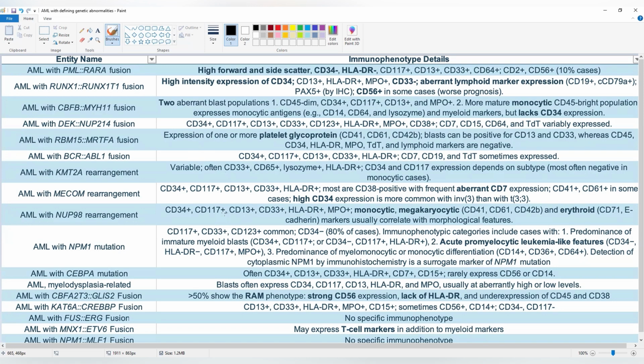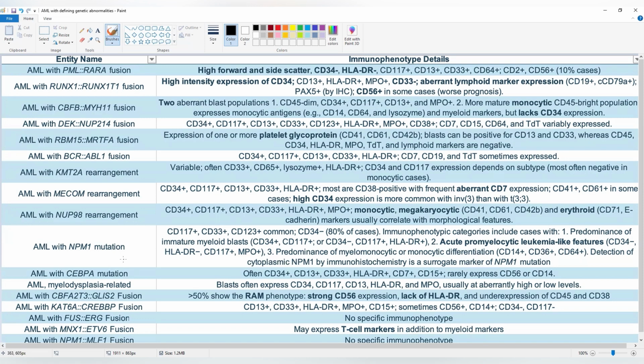However, they can have monocytic presentation, in which case they can express monocytic markers like CD14, CD64, CD11c, and lysozyme by immunohistochemistry. They can also present sometimes as megakaryoblastic leukemia, in which they can express CD41 or CD61 or CD42b. And they can sometimes present as acute erythroid leukemia, in which CD71 and E-cadherin can be expressed on the blasts.